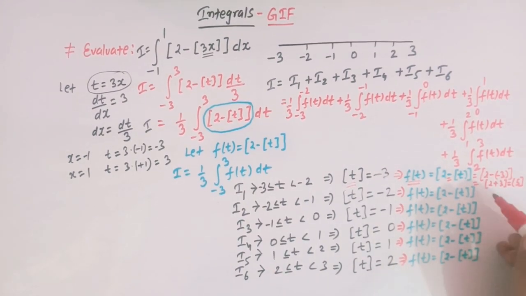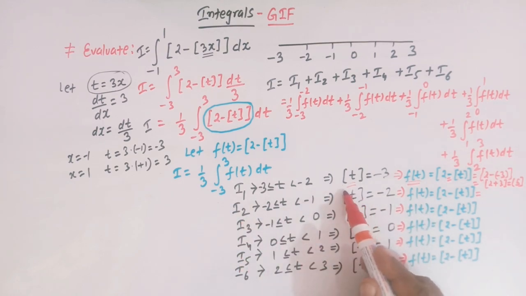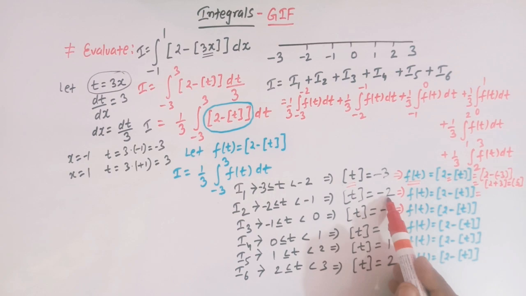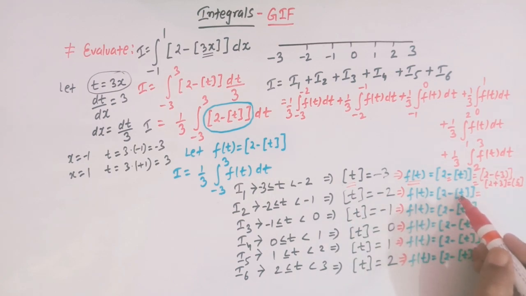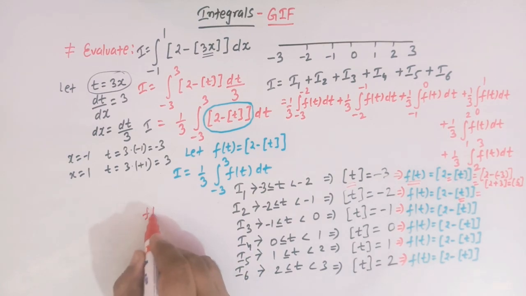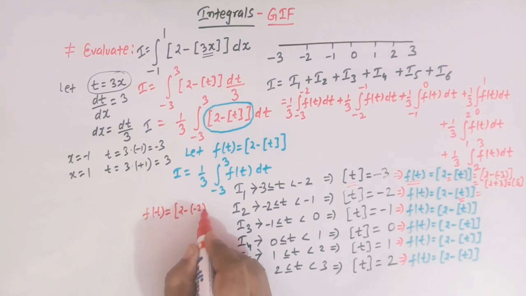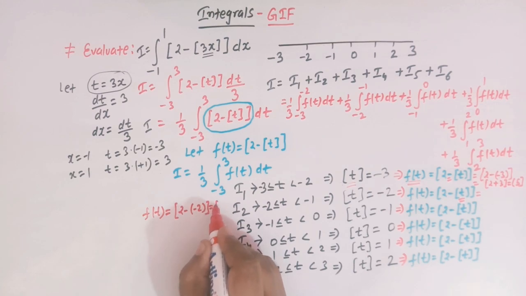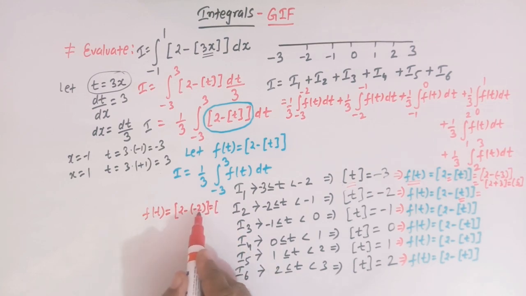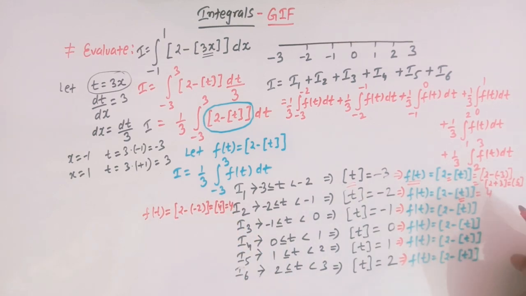Now similarly we can find the value of f(t) in I2. In I2 the greatest integer of t is -2. If we substitute -2 over here, then f(t) is equal to the greatest integer of 2 minus -2, which is the greatest integer of 2 plus 2, that is 4.